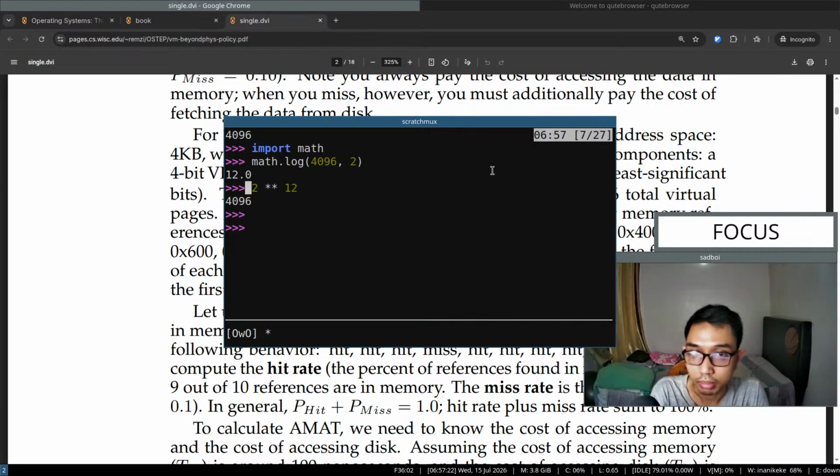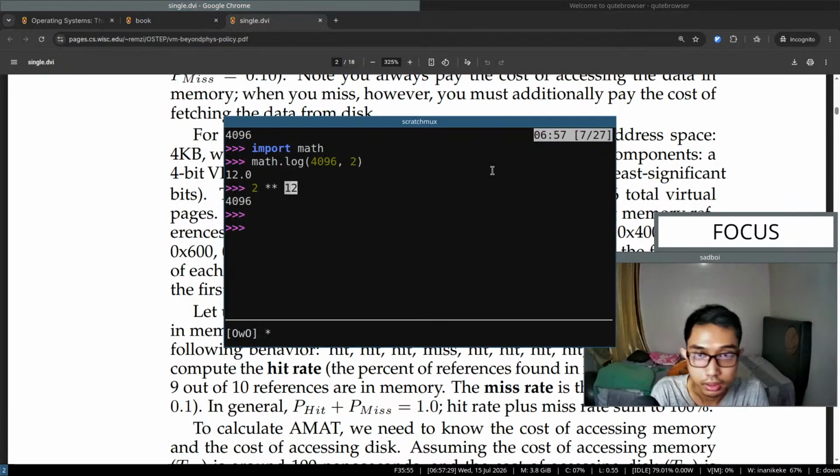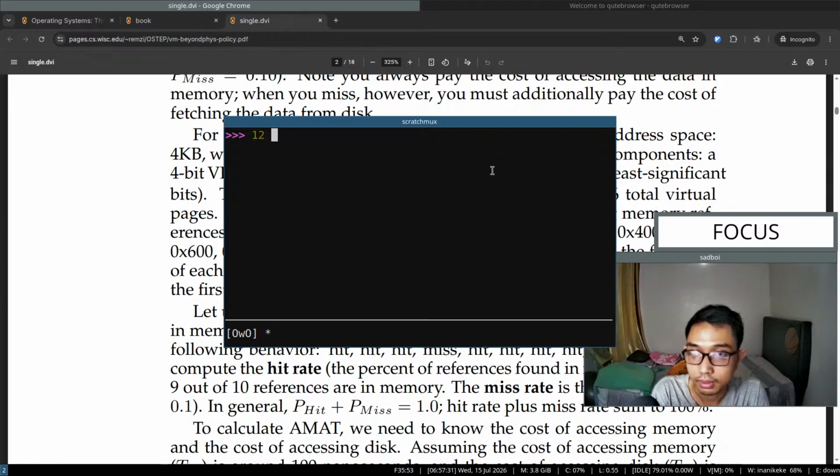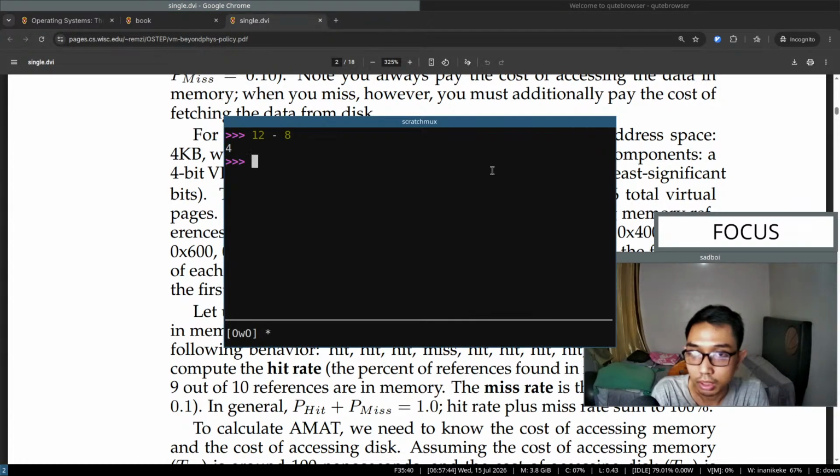Again, the total number of bits in the address space is 12, and we have 8 bits here, so the rest, that is 4 bits, is the virtual page number.